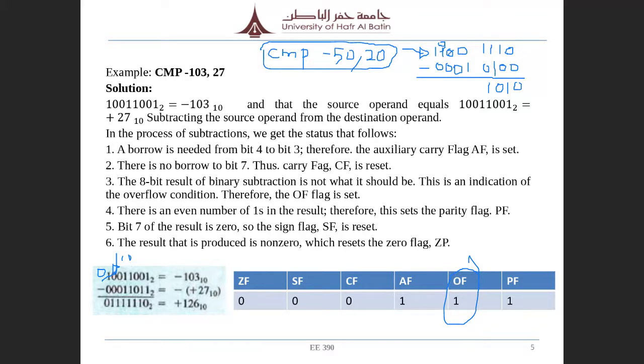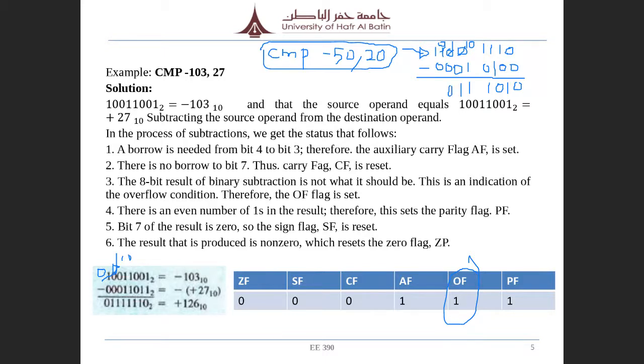Taking another borrow, it becomes 1 and this becomes 1 0. So now 1 0 minus 1 is 1, then 1 minus 0 is 1, 0 minus 0 is 0, and 1 minus 0 is 1.